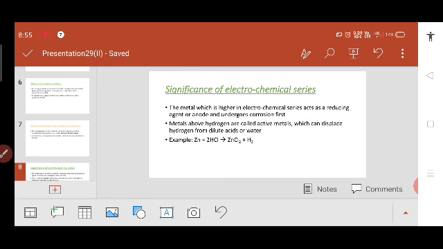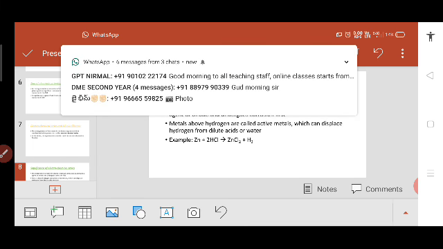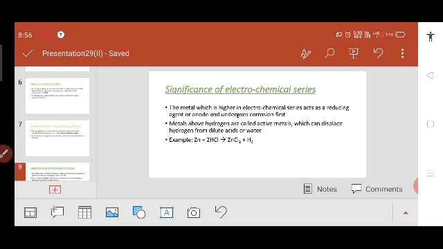The significances are very simple. In this electrochemical series, the topmost electrode is lithium and the bottom electrode is fluorine.